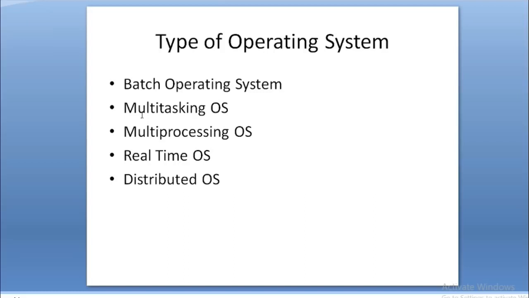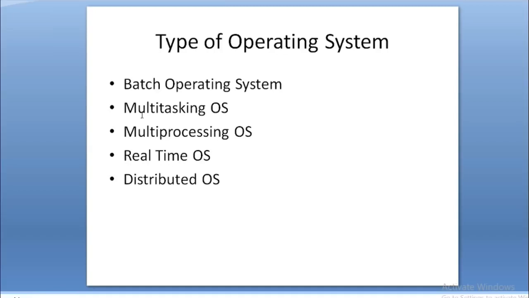The example of the real-time operating system is robots, or any system used to control, suppose, a petroleum pipeline, where the work must be done in a proper time. If the work must be done within 2 seconds, and it is not done within 2 seconds, then that work will be discarded. That means it will not be considered a successful completion of the work. So that is the real-time operating system.